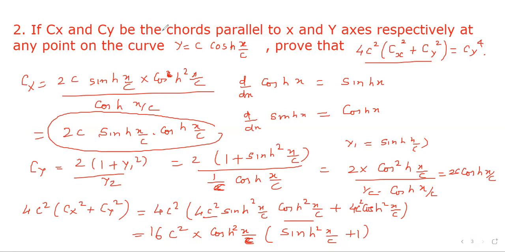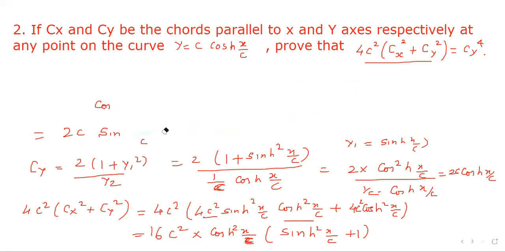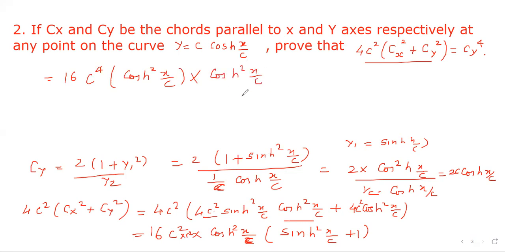So we will get 16. Here there was c square also, so into c square, 16 c power 4 times cos hyperbolic square x upon c, multiplied by this, which will also become cos hyperbolic square x upon c.